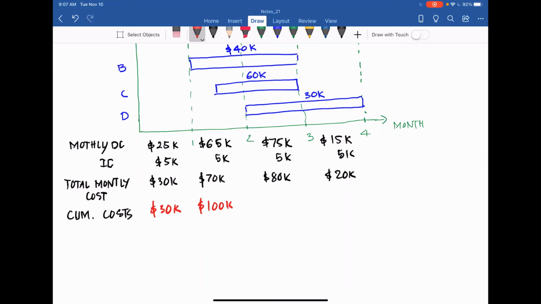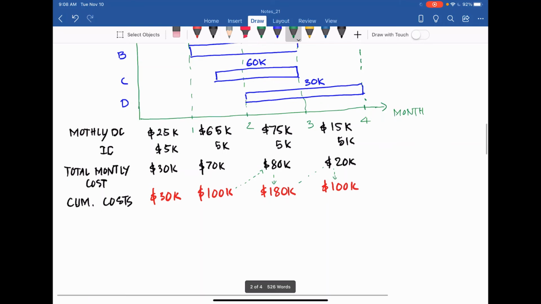The third month, it will be 100,000 plus 80,000, so we have 180,000. And the last one, 180 plus 20, we have 200,000. So we have the cumulative costs.